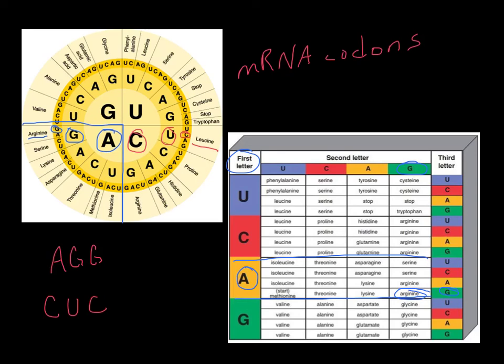For the second codon, I'm going to use CUC. C, U, and down to C. Which gives me leucine.